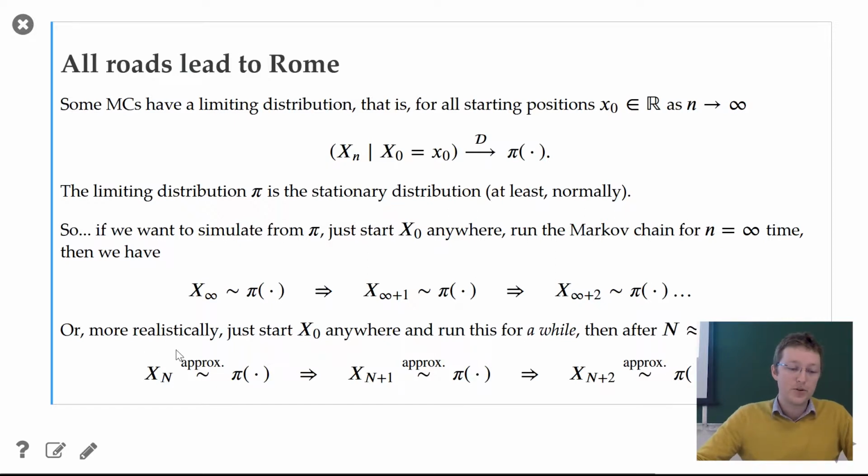So what MCMC does is you let the Markov chain run for a long time, and we'll say this is perhaps the best approximation in all of applied mathematics: just let n be approximately infinity for some n. Then at that point xn is approximately simulated from the thing we want, pi, and xn plus 1 is approximately simulated from pi.